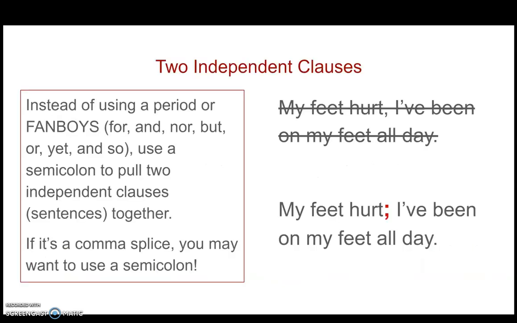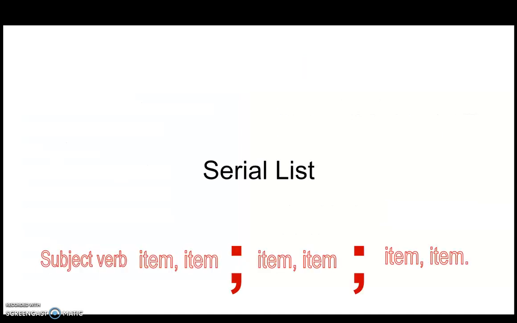In this case, you use a semicolon instead of a period or fanboys to pull 2 independent clauses together. You want to do this when those sentences are so inextricably connected to each other that they cannot be pulled apart. So you don't want to overuse them. You want to use them when they are effective and help make clarity.